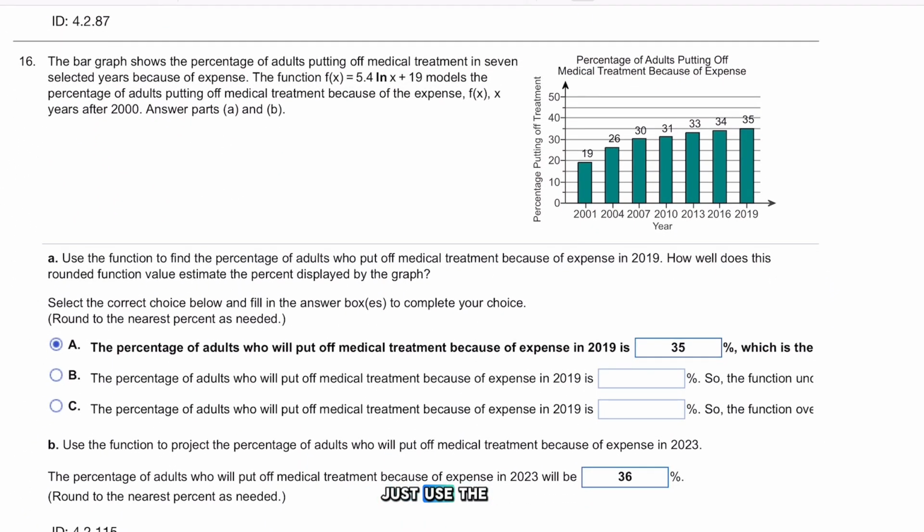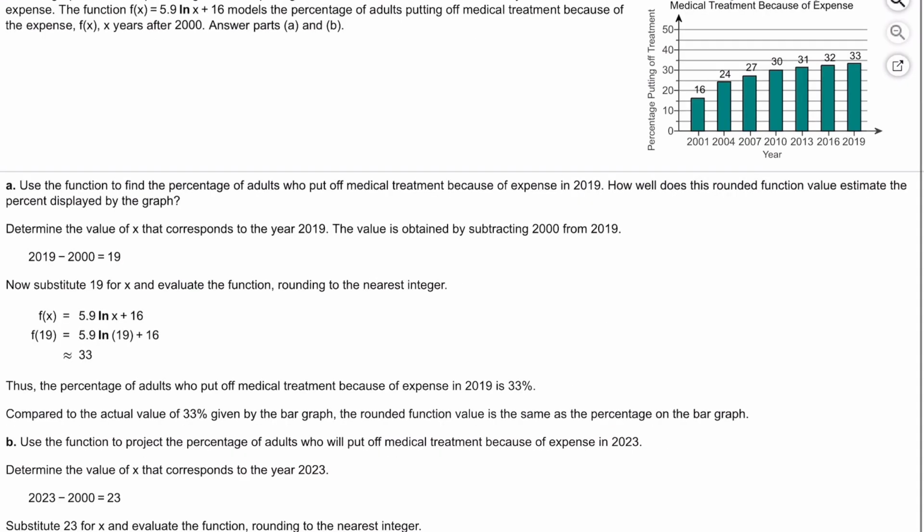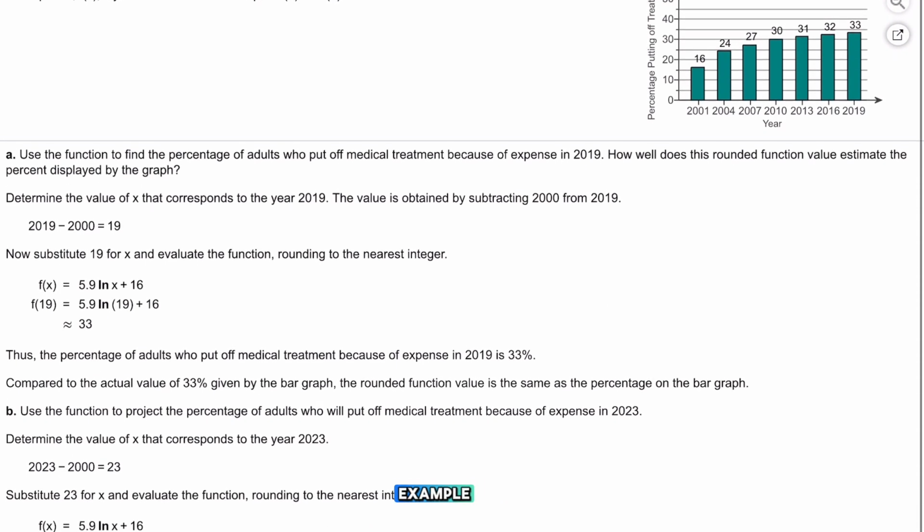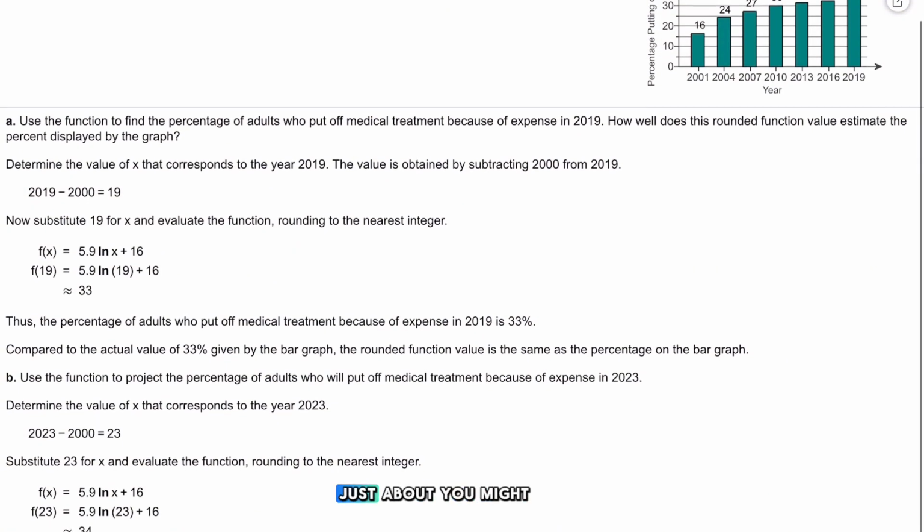And then for the next one, it's best to just use the example here. So you see what the bar graph gives, and then you see the scenario. So we're going to just calculate the number of years from 2000 to 2019, sorry. And then if you look here at the example, the numbers are exactly the same, just about.